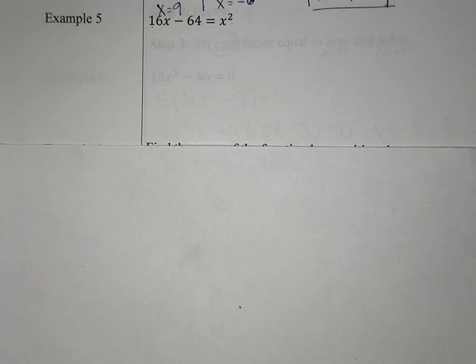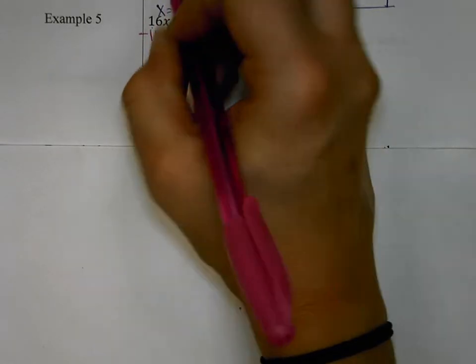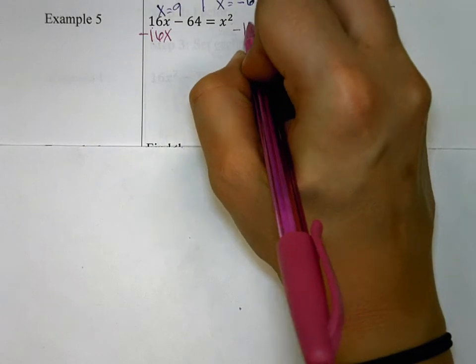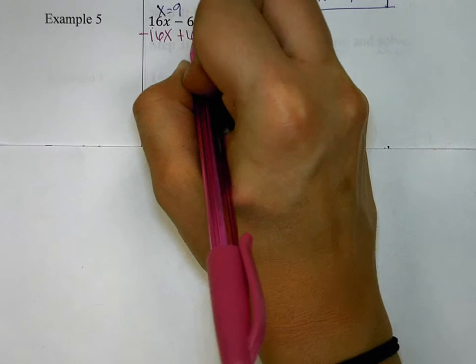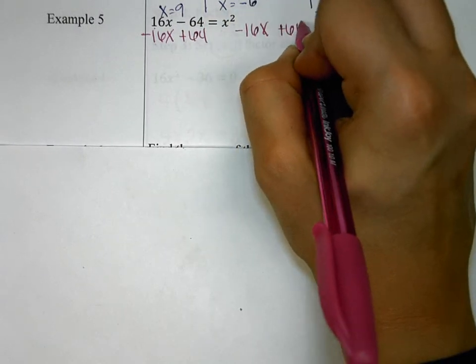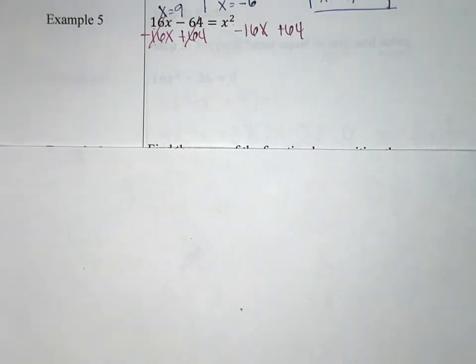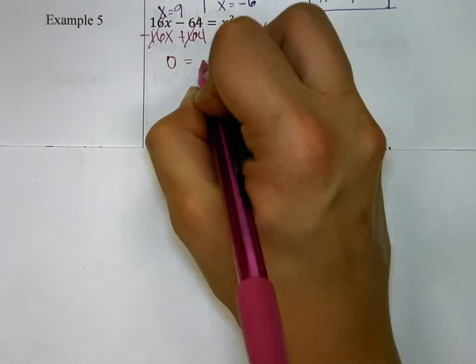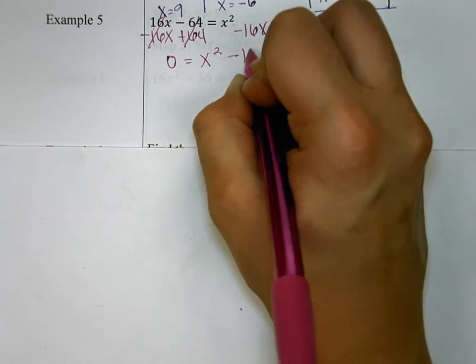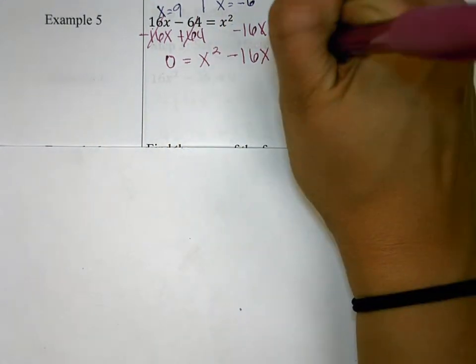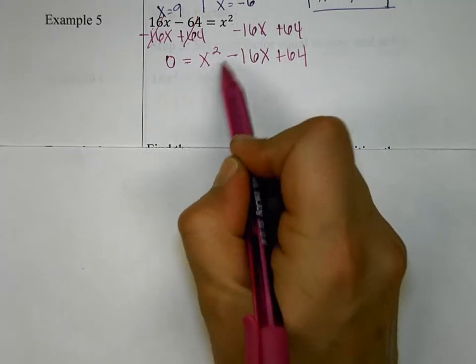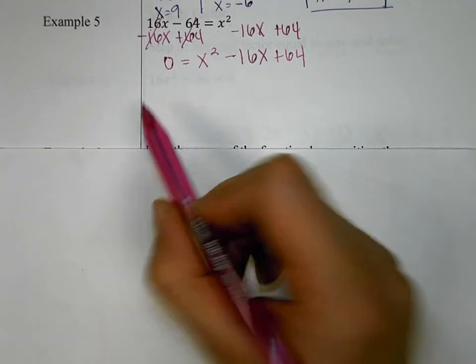So what we actually have to do is subtract 16x from both sides and add 64 to both sides. So we're going to move the other stuff all over, because that's going to give me 0 equals x squared minus 16x plus 64. So now my x squared is still positive and I'm equal to 0.